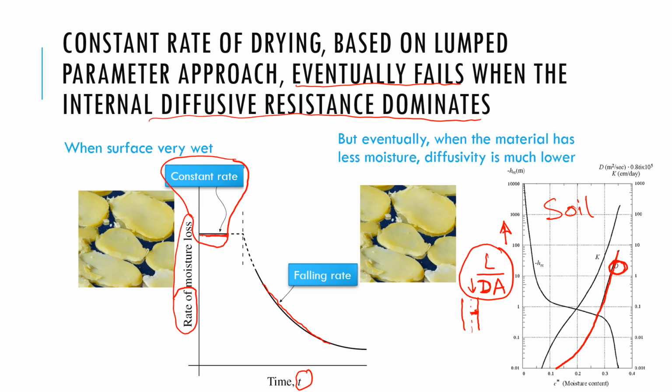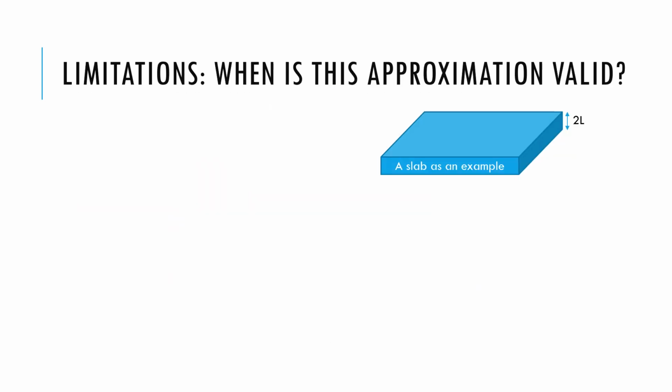So now we have to look at when we can use this lumped parameter analysis and talk about constant rate. We take a slab as the example and try to write when this approximation is valid. So this slab has a thickness of 2L, and remember lumped parameter is when internal resistance is small compared to external resistance.